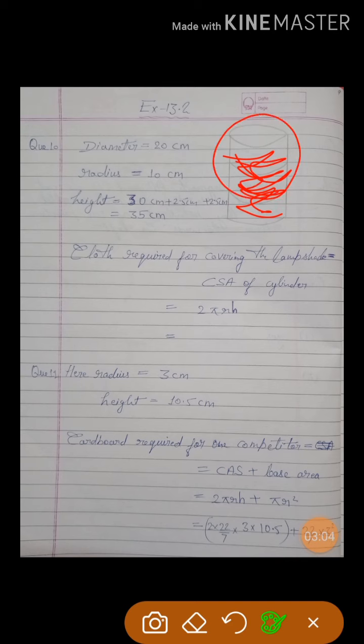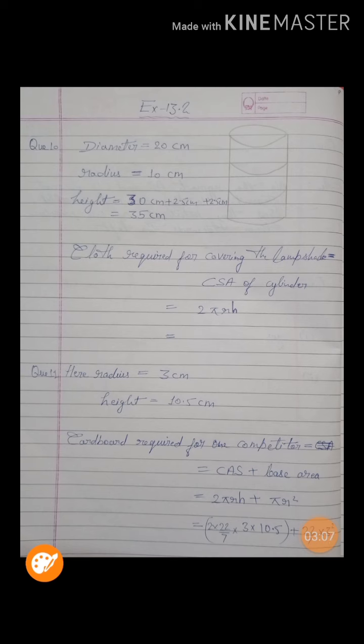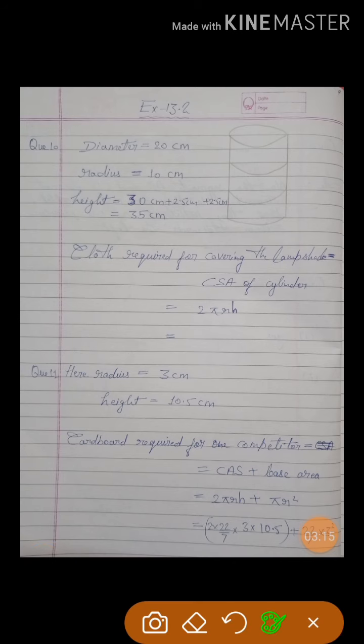At its curved surface area only, not on the top and bottom. So we shall find the curved surface area, that is 2 pi rh. Put the value of r and h, r is 10 centimeter and h is 35 centimeter, and you will get how much cloth will be required.